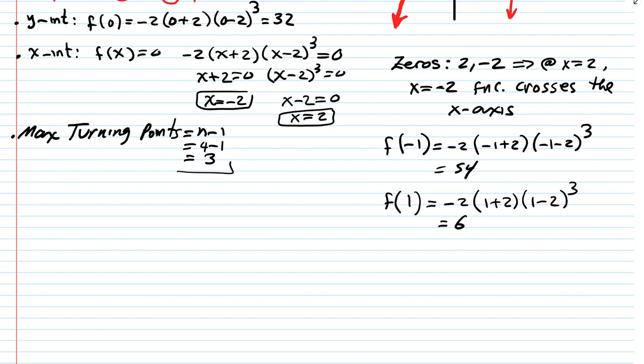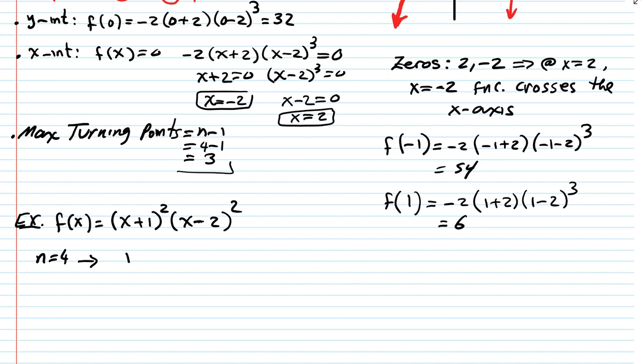Now let's take a look at another example here. In this next example, let's say I have a function f of x, and this function is x plus 1 squared and x minus 2 squared. So we can immediately see that the degree of this polynomial n is 4, right? 2 and 2 you add, you get 4.